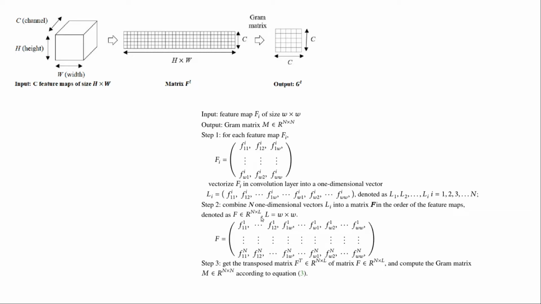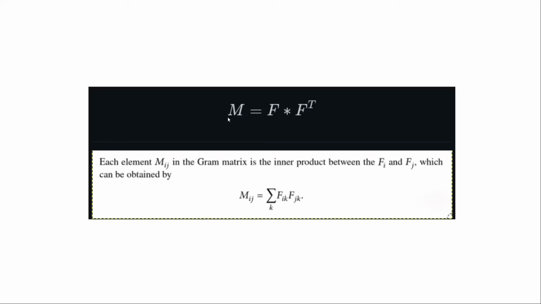Once we calculate the matrix F and then take the transpose of F, the Gram matrix will simply become the dot product between them. So each element Mij in the Gram matrix M is the inner product of Fi and Fj, which can be obtained with this expression. So this was very mathematically represented.